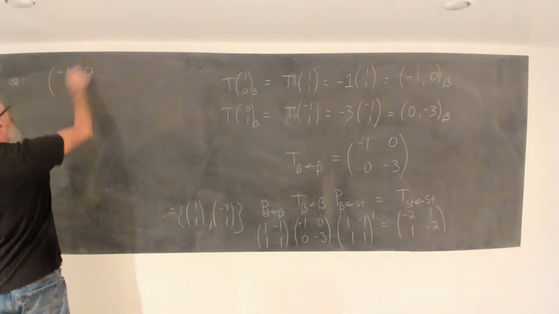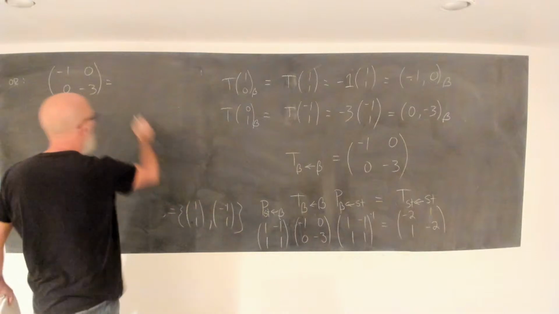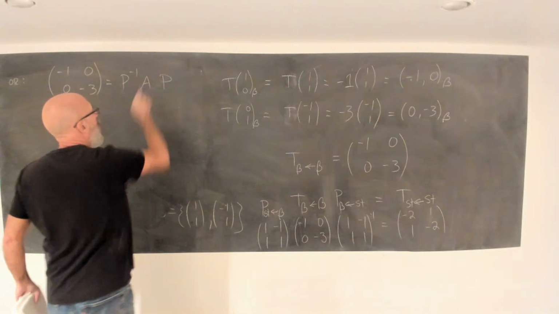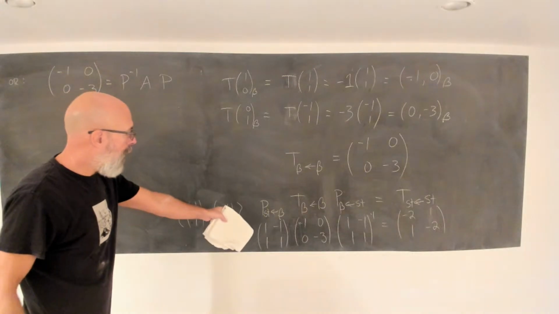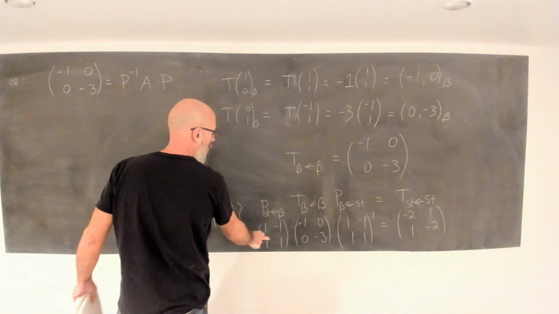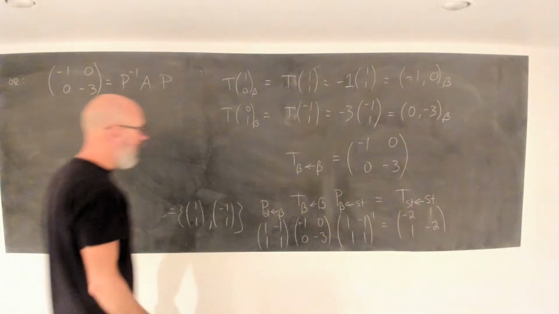Or -1, 0, 0, -3 is P inverse AP, where P is that matrix right here.